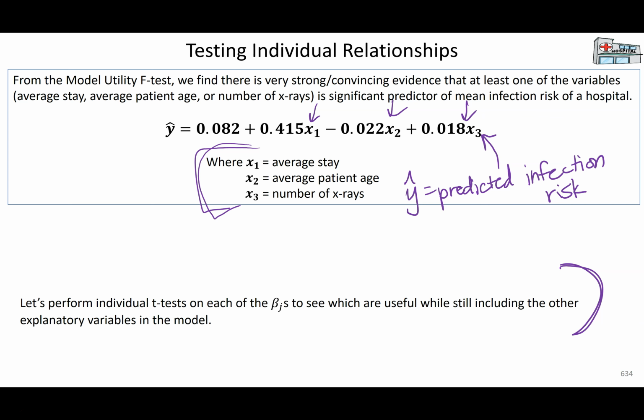Specifically, if I add just this one, already including all the other explanatory variables, is it useful? So which are significant? These t-tests are going to test, hey, is it useful to add this variable when including all the others already?